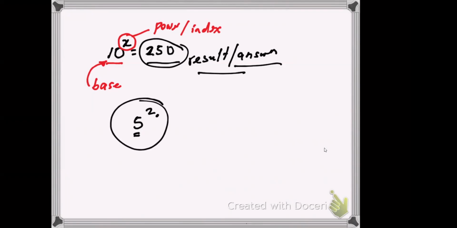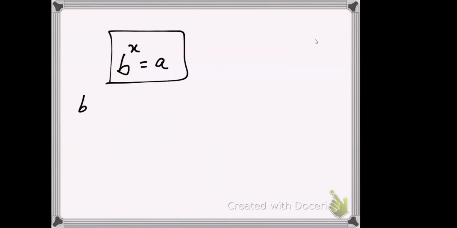Now, I could spend a lot of time explaining the origins of logarithm and what it means, but I sadly don't have enough time today to do that. So I will just tell you the logarithmic form. If I write down, for example, b to the power x equals a, this is the base index form.